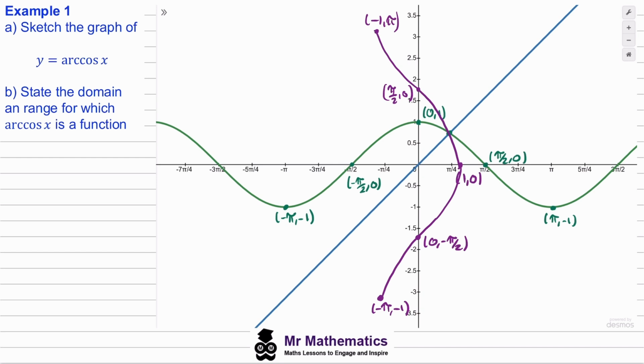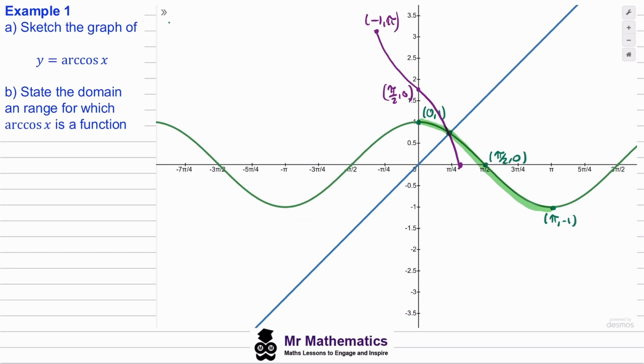The way we can make it into a function is if we restrict the domain of cos of x. If we only consider the values from 0 to pi, and then reflect this part of cos of x, then this will be reflected to here.